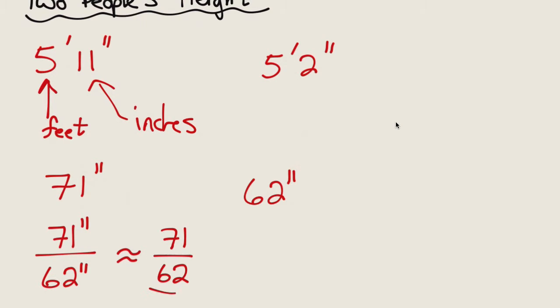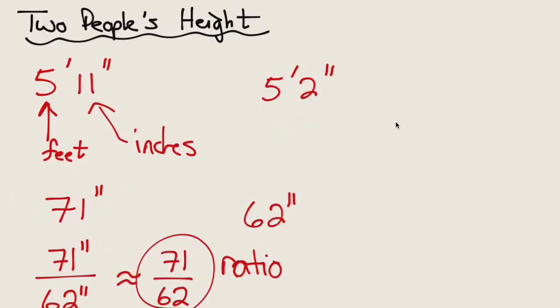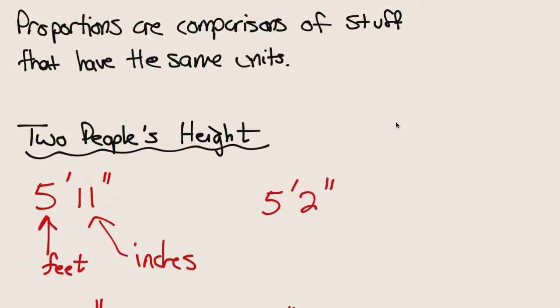So this here is a ratio. We've talked about this. Ratios, rates, proportions are comparisons of stuff that have the same units. And let me back up here a little bit. Not proportions. Cross that out and put rates, or ratios.